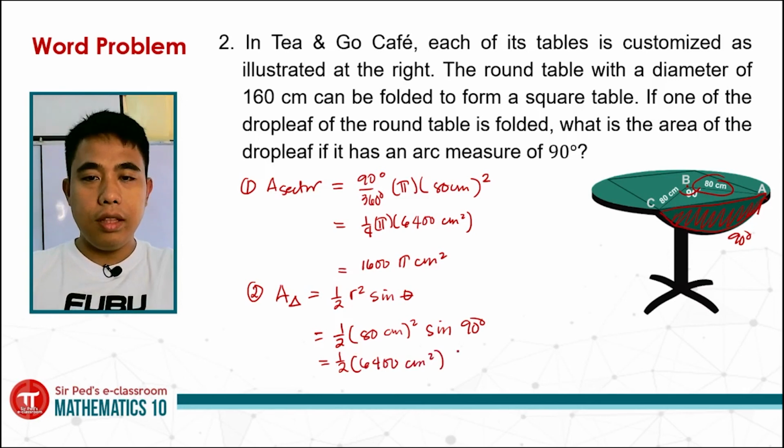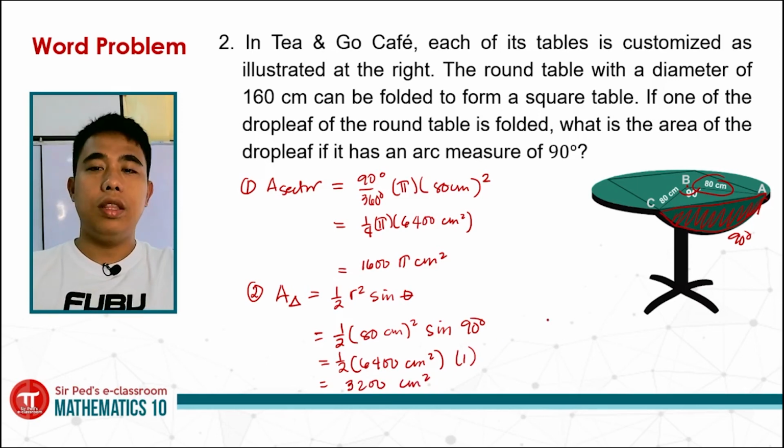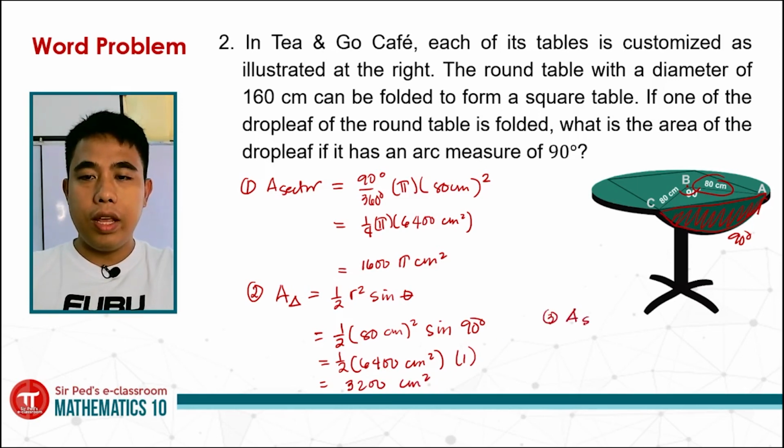Sine 90 is 1, so that will be 3,200 square centimeters.